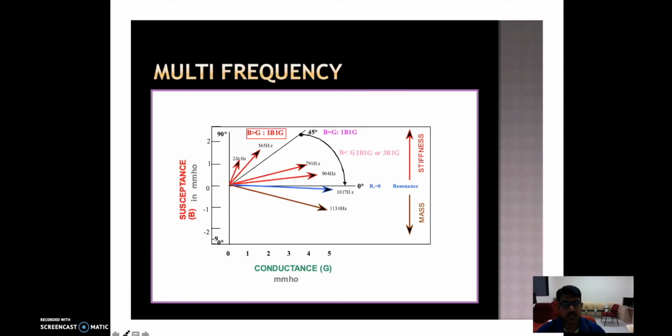This slide is one of the very important slides that you need to understand. Here what is depicted is the impedance vector flow as the frequency is increased. You know that there is something called Bt.